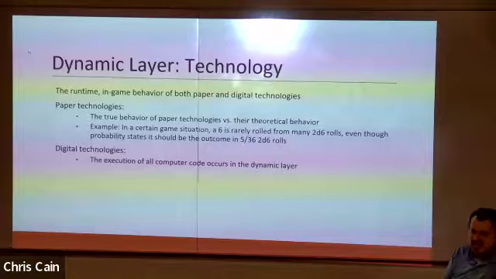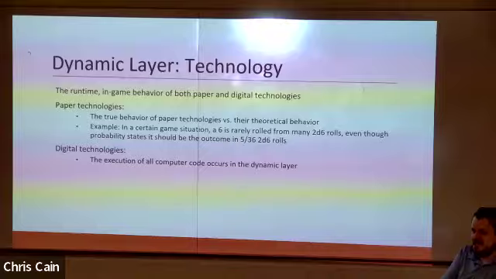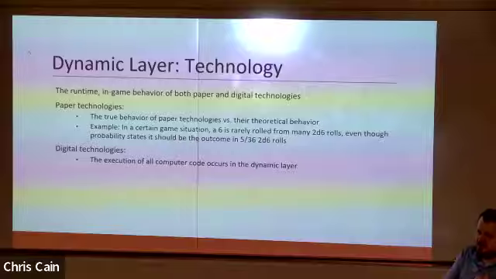In digital games, the actual execution of the code, this could be seen as something like, how does that code work on your particular machine? So maybe, for instance, your graphics card is not good enough to run this game at 60 frames per second. Now it's running at closer to 30 frames per second.